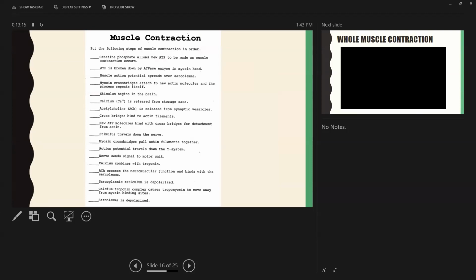But we're going to do that together right now. So hopefully you printed this out. If you didn't, make sure that you print it out some other time and then go through the steps. It would be nice if you went through the steps on your own and then compared it back, just for practice, because that will make you understand this better.